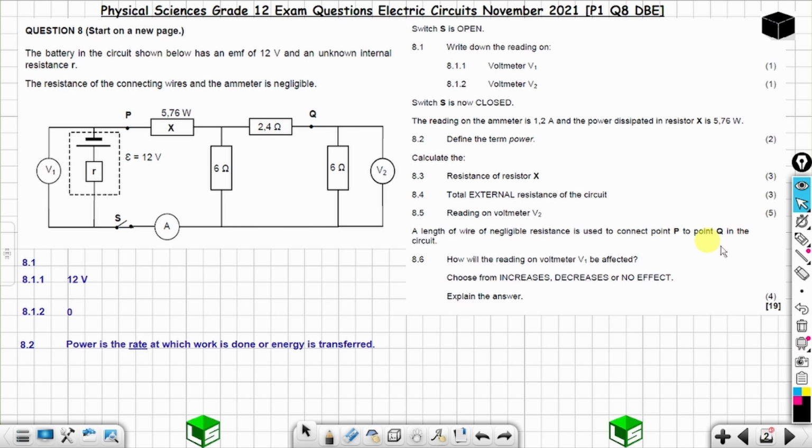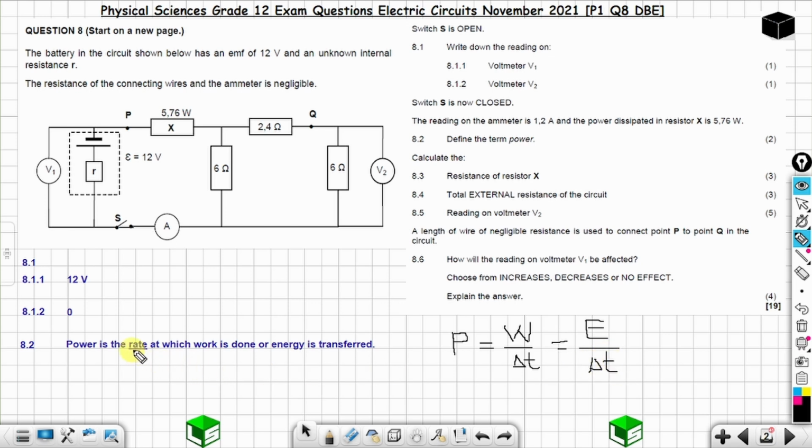From the formula, power is equal to the work over change in time, or energy over change in time.